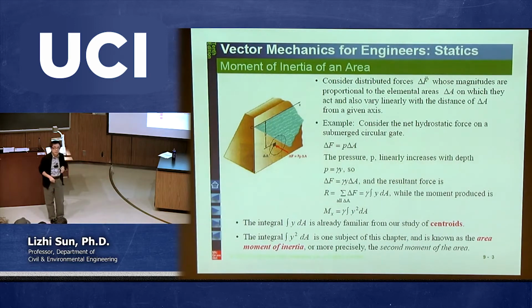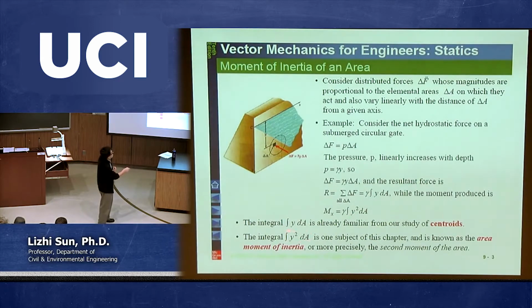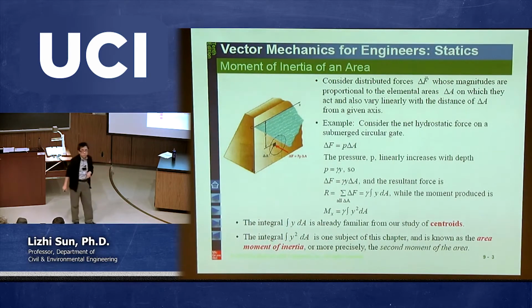It's not a force concept. Because in reality, if you look at this term, the integral of Y squared dA, and study the unit, Y is a meter or inch, and A is meter squared. So Y squared is meter squared, times meter squared, that's going to be meter to the fourth power. And that's the unit of what we call the moment of inertia.